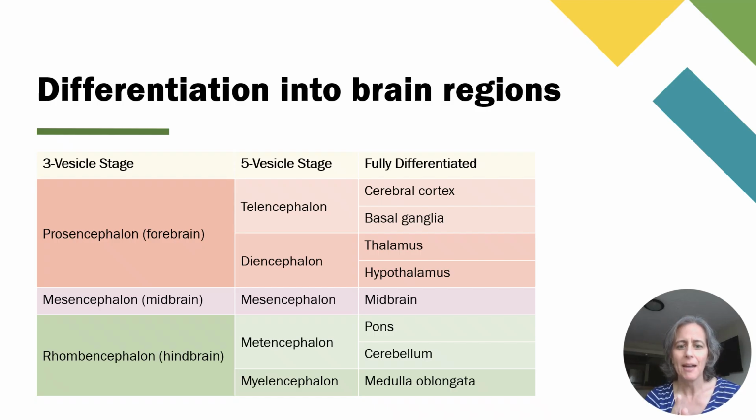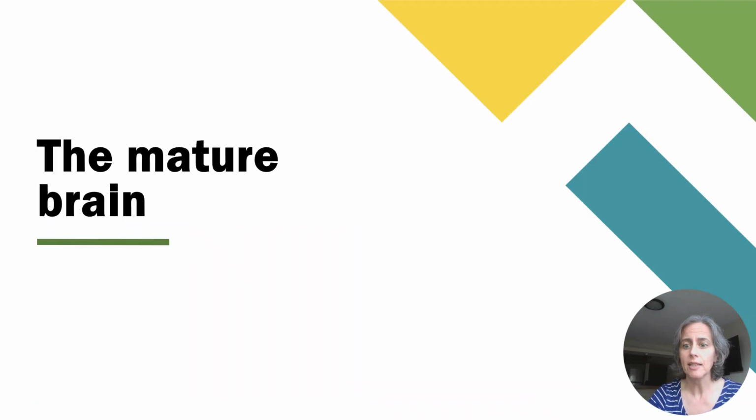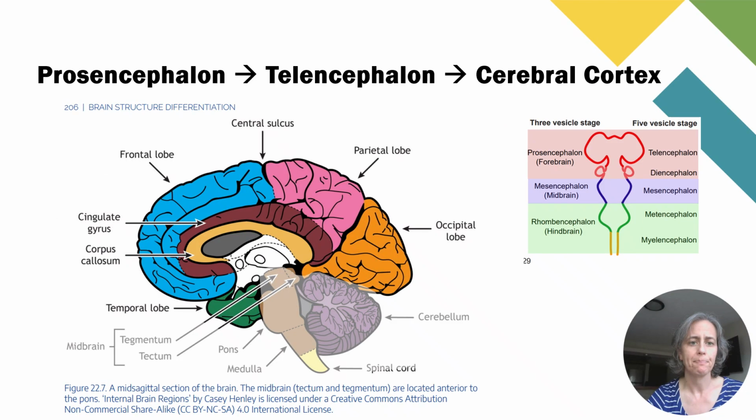And the brainstem has the midbrain, the pons, and the medulla oblongata. And that is correct in terms of its anatomic location, but in terms of its development and where it came from, the midbrain actually came from a different place. So kind of cool. All right, so let's take a look at the mature brain, something that is going to look familiar to you, and just remember where it all came from.